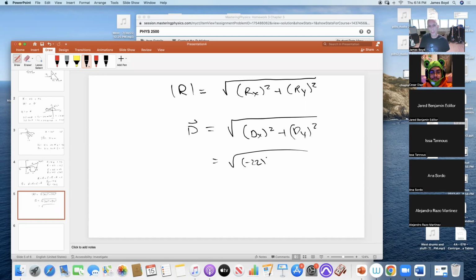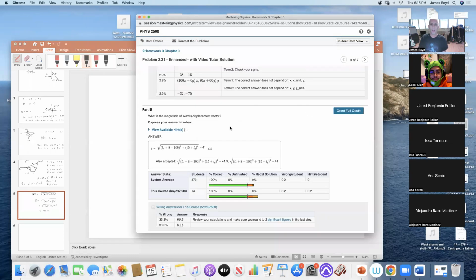You don't need to worry about the negative because it's squared. So I get 22 times 22 plus 35 times 35. Don't forget to take the square root. I get 41.3, or 41 miles. So the magnitude, how far he had to go in a straight line, was 41 miles.